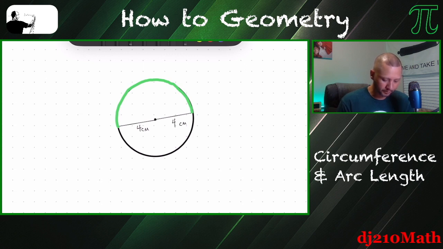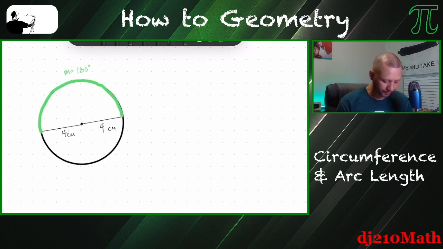So here, the radius is 4. We have a diameter, which is the longest chord in a circle. So the measure of the diameter arc is 180 degrees.